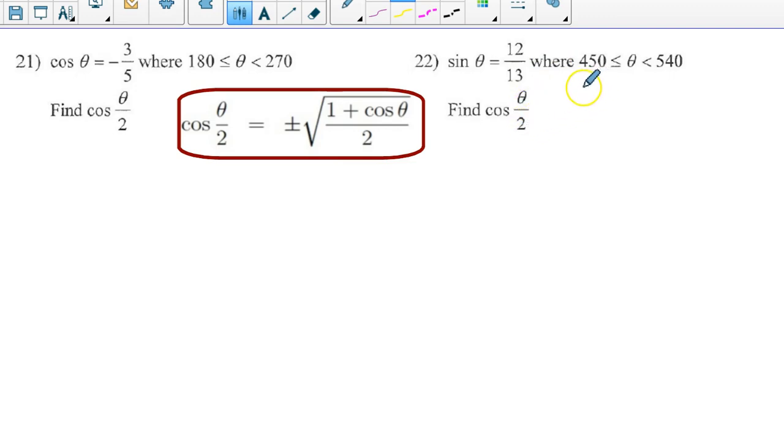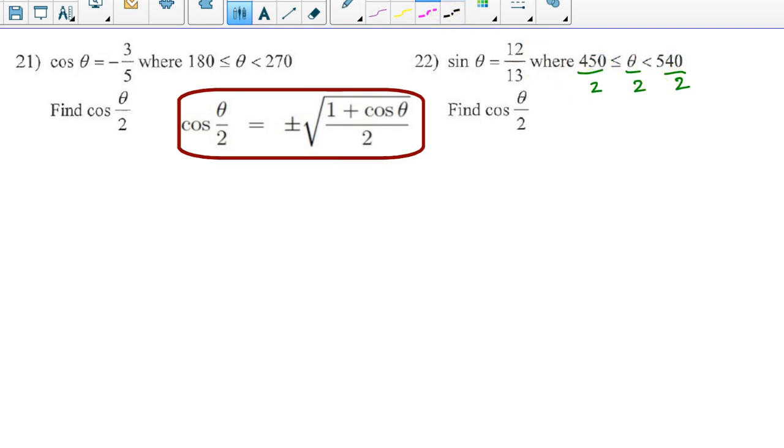Alright, let us see in which quadrant this angle theta over 2 lies. For that, we'll divide this inequality by 2. Let us divide by 2 all through. 450 divided by 2, theta divided by 2, and 540 divided by 2.